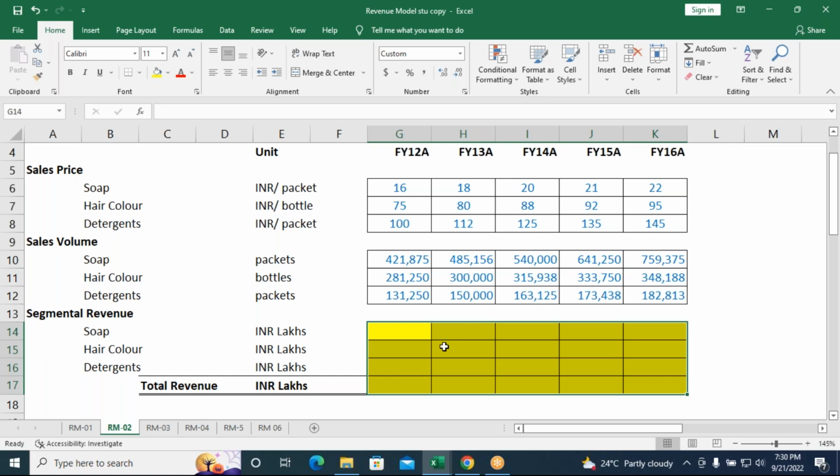I wanted to see the revenue. So what will be the formula for revenue? Unit into the price of the soap. Okay, I want you people to solve it and tell me.